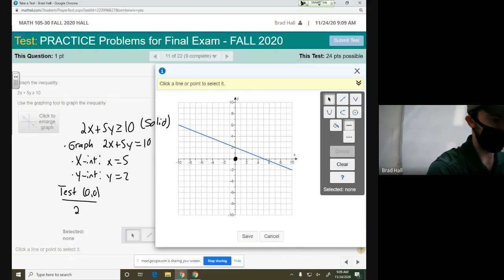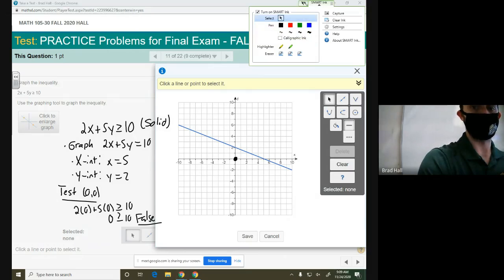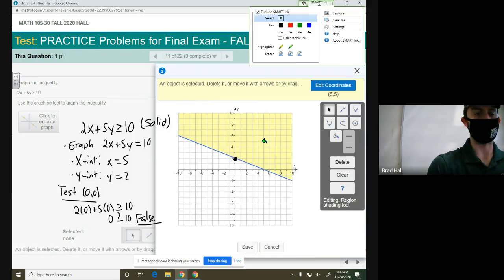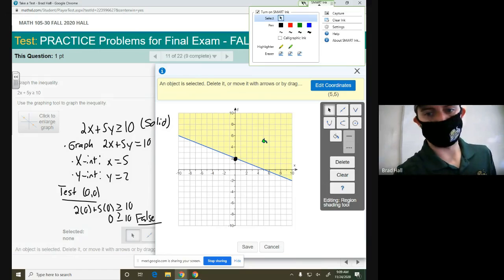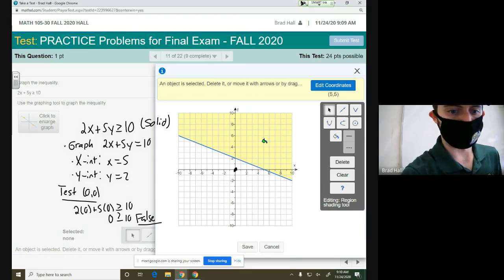So 2 times 0 plus 5 times 0 is greater than or equal to 10. Then we get that 0 is greater than or equal to 10, which is false. So we shade away from the point. That's why we are going to shade up here, away from the origin, which was down here.